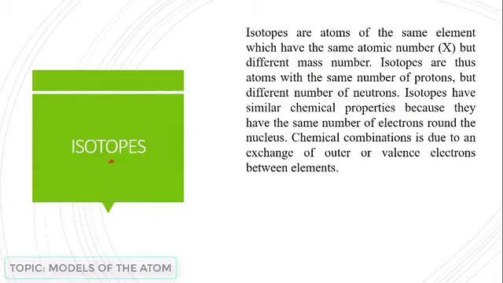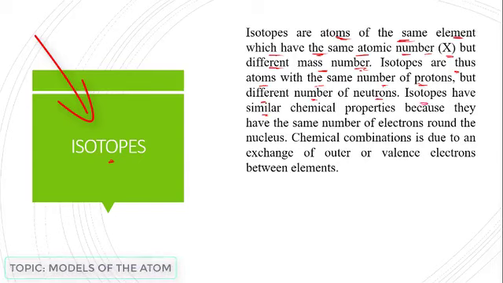Now when we talk about isotopes, we are referring to atoms of the same element which have the same atomic number X, but they have a different mass number. Isotopes have the same atomic number, but they have different mass numbers. So isotopes are thus atoms with the same number of protons, but they have different numbers of neutrons.